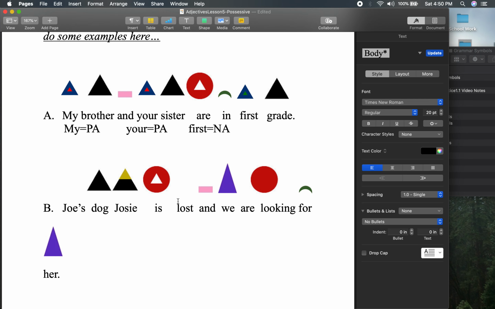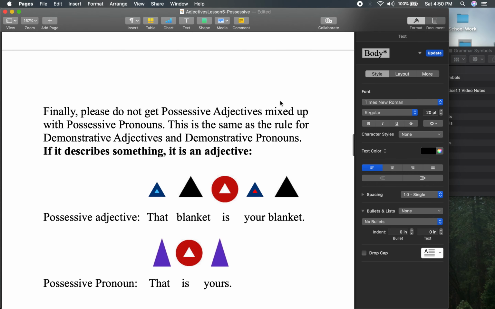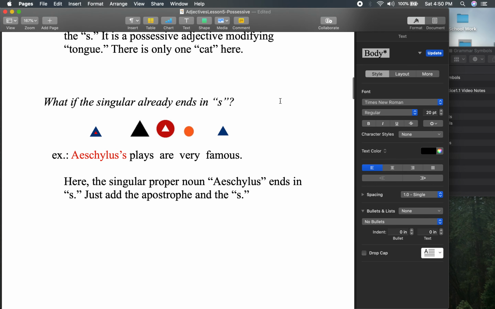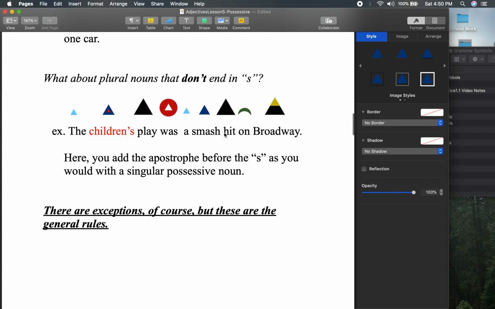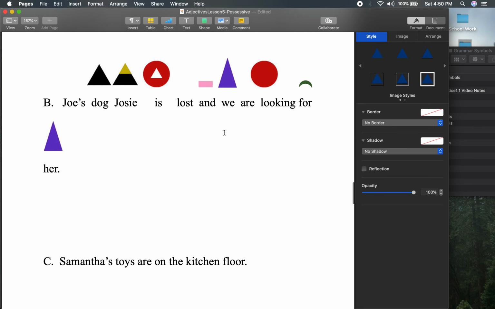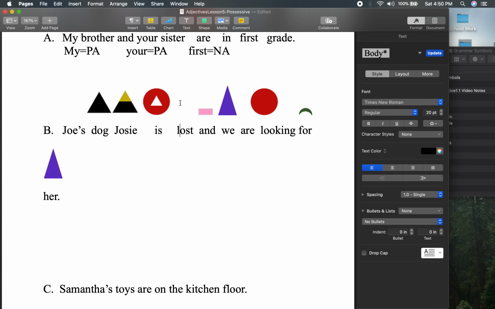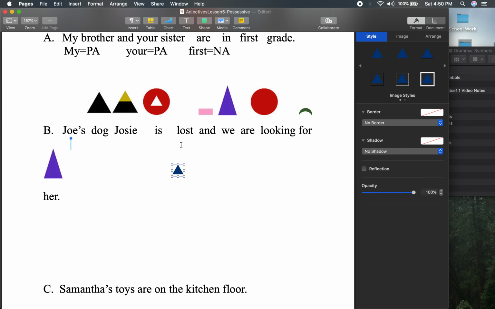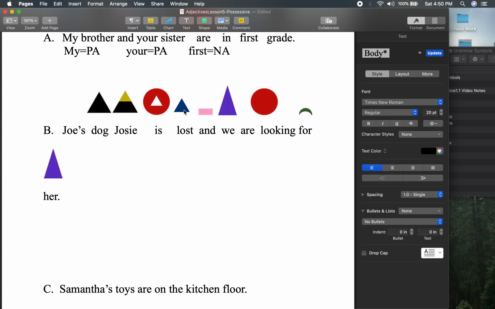And lost, well, here we have, that's right, if you said it was a predicate adjective, you would be correct. Because it's telling us what Joe's dog Josie is. Lost.